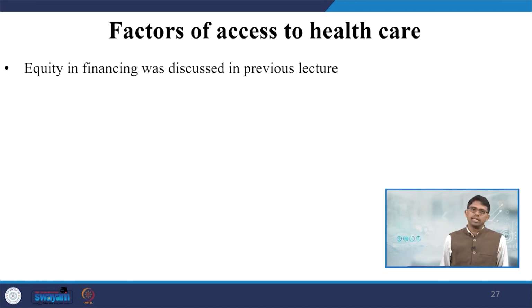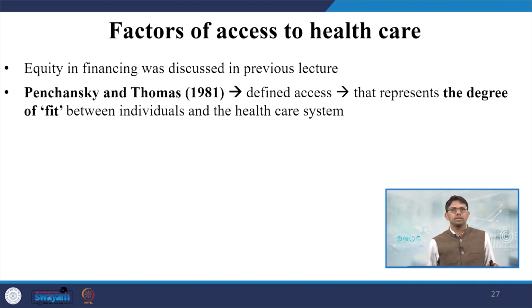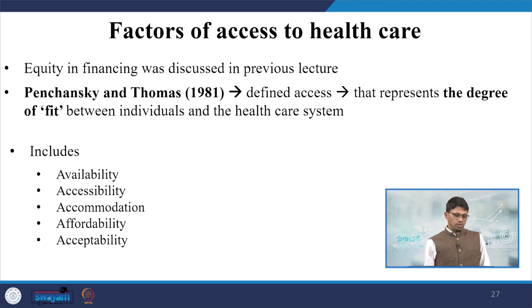Here is some guidance for you to understand the factors of access to healthcare. Some of the works we are citing, like Penchansky and Thomas, defined access as the degree of fit between the individual and the healthcare system. They include five important dimensions, the 5 A's concept: availability, accessibility, accommodation, affordability, and acceptability.